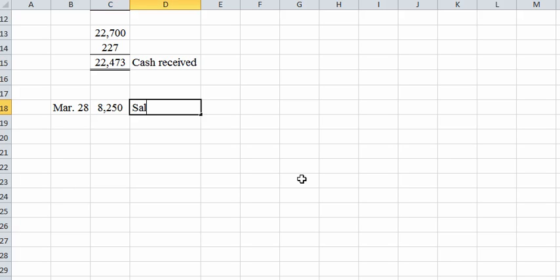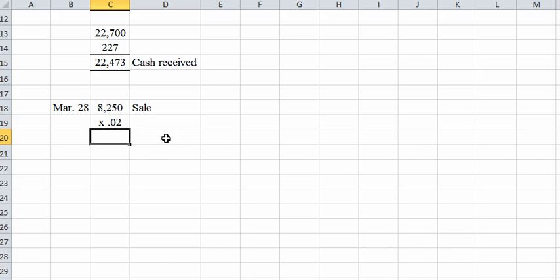That's the amount of the sale. Okay, now how much of a discount did we offer them? It was 2%. See the 2/10 back on the 19th. So the discount would be equal to $82.50 times 0.02, $1.65.